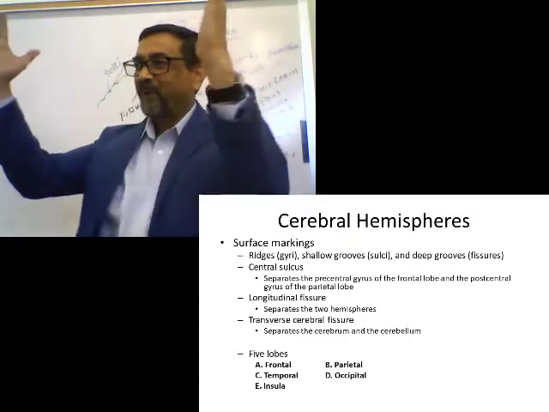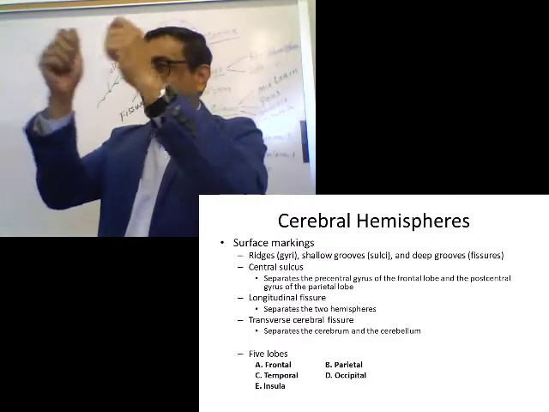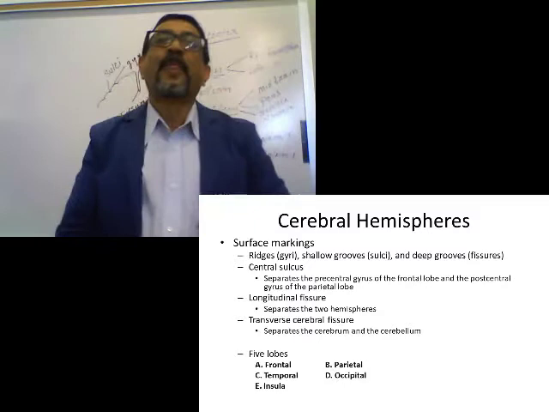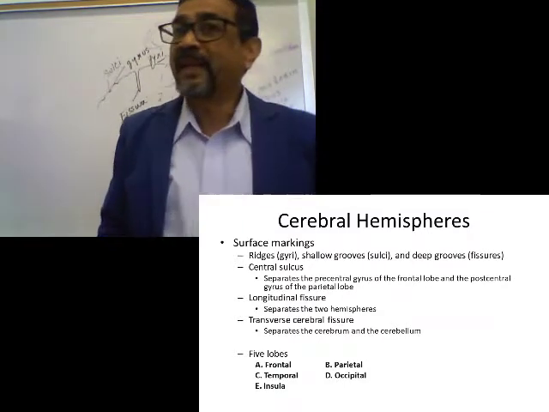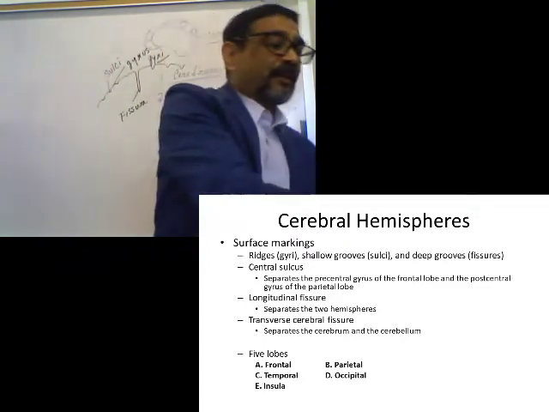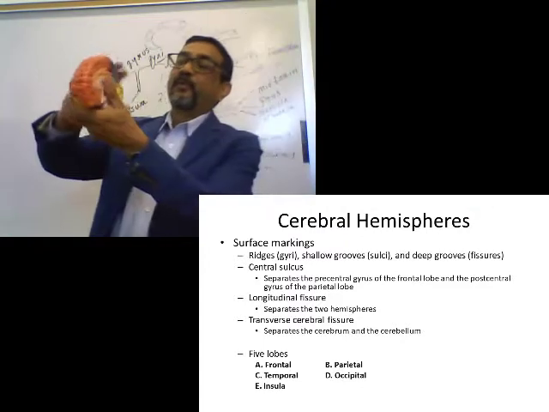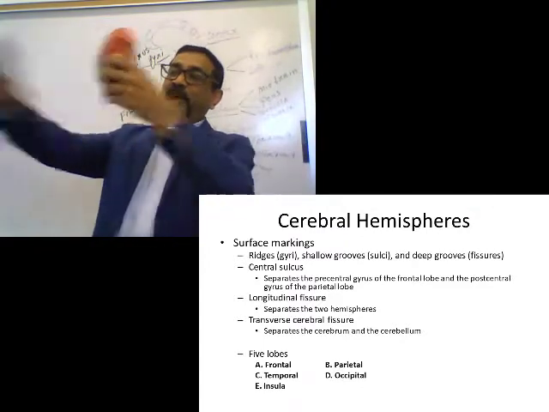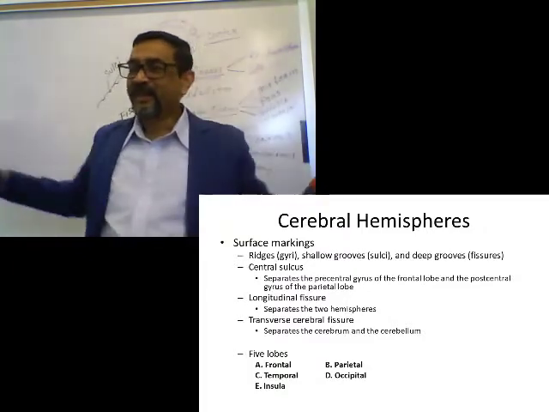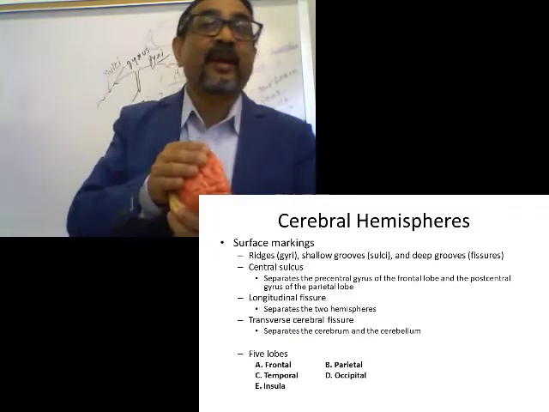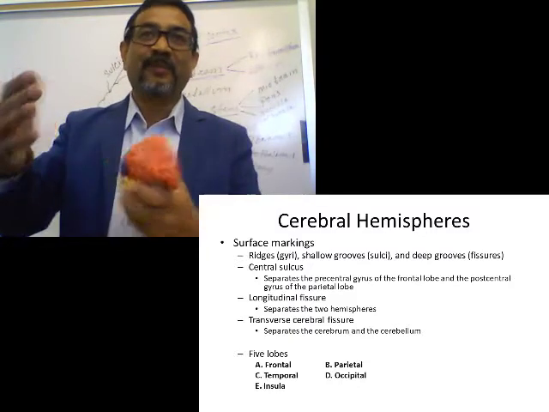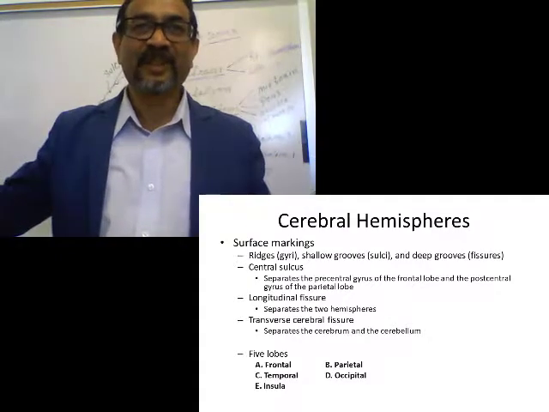Fold it like this, make it small, but when you spread it, it is a big surface, right? So it increases the surface area. That means if you make the whole surface flat, it is huge. Is it clear? And that accommodates a lot of neurons, right? More surface, more neurons. Is it clear?